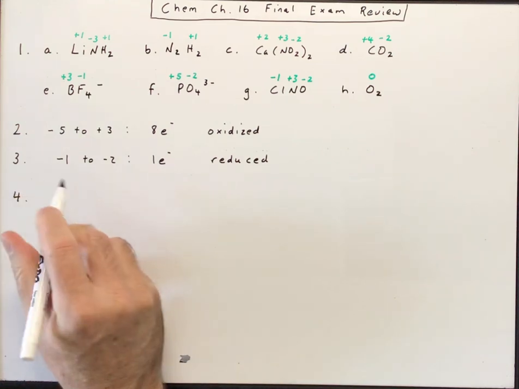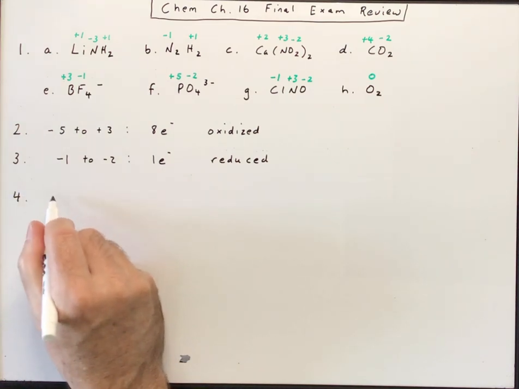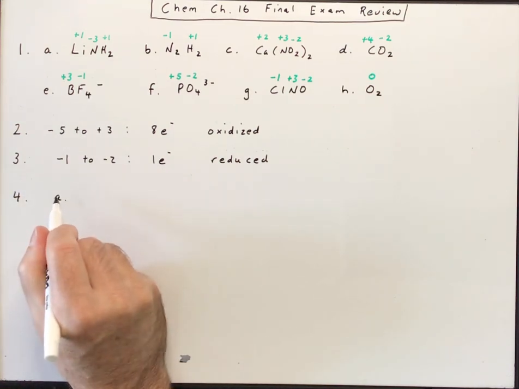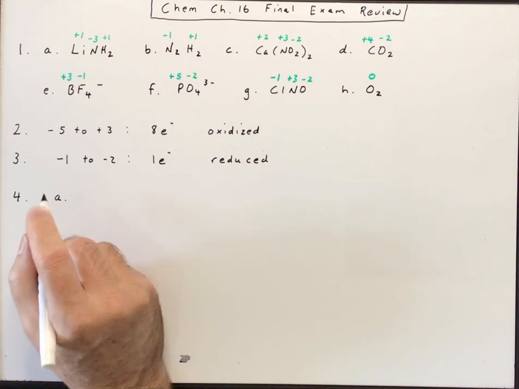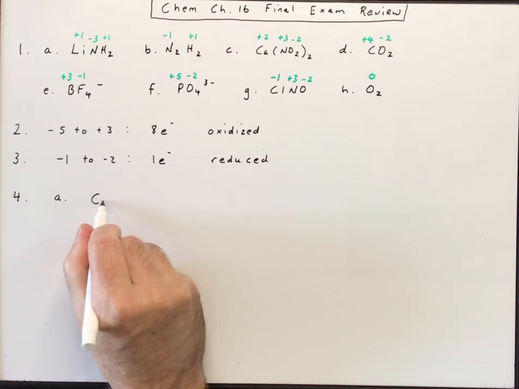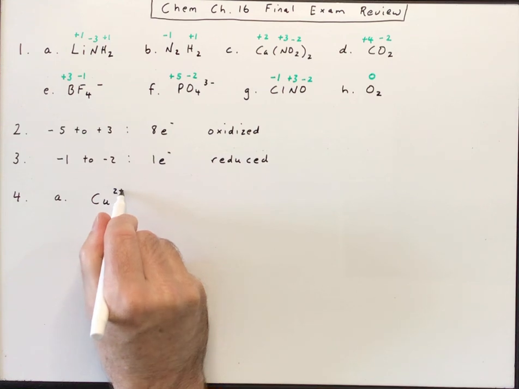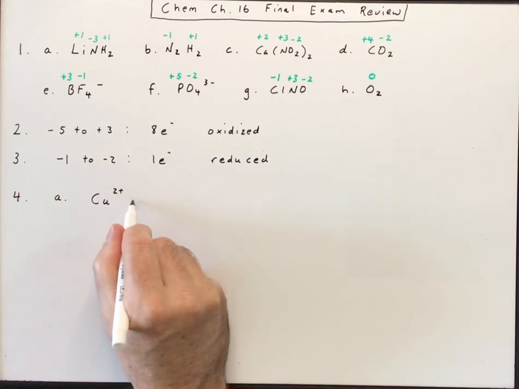Okay, for 4, we need to determine if it's redox or not, and then which elements are oxidized and which are reduced. So we have Cu2+. We don't need to know the phase, so I'm not going to write that in.